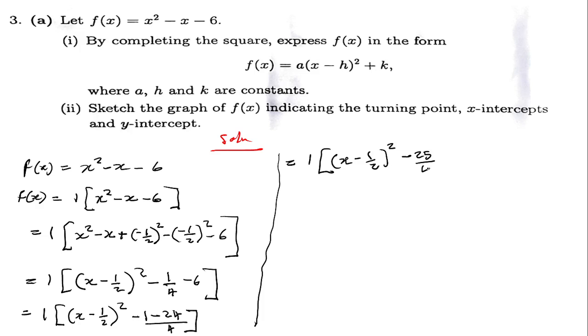So by the complete the square method, you find that f of x is simply equal to x minus 1 over 2 close bracket squared minus 25 over 4. So that is your final expression when you use the complete the square method.